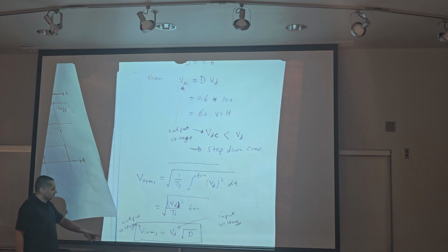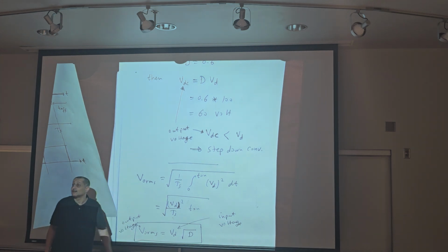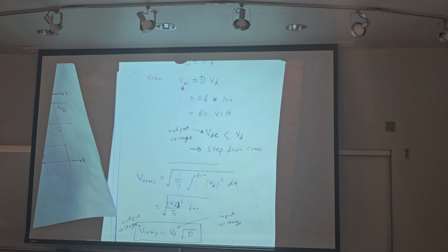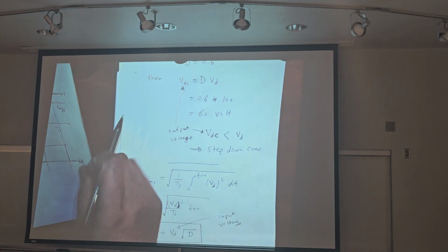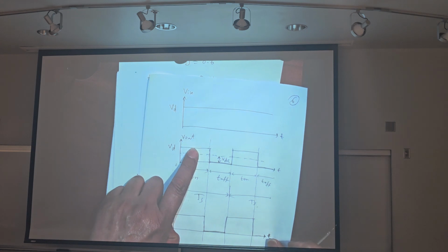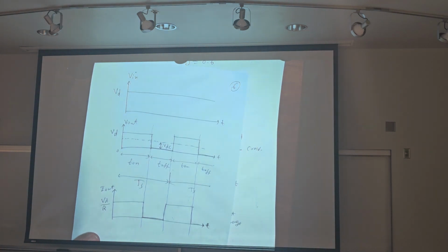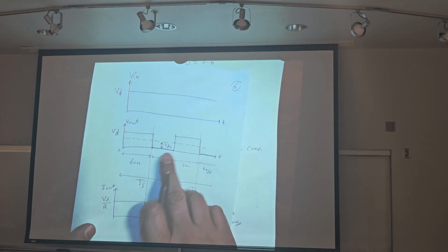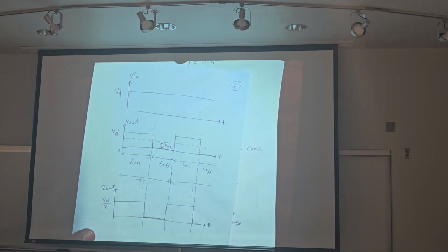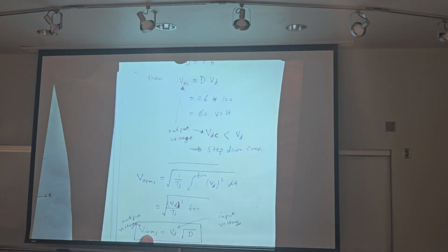Out RMS, we don't have it in our diagram. The diagram just shows VD and V out, which is not the voltage level. This is just the VDC, the DC voltage level, but this is AC.